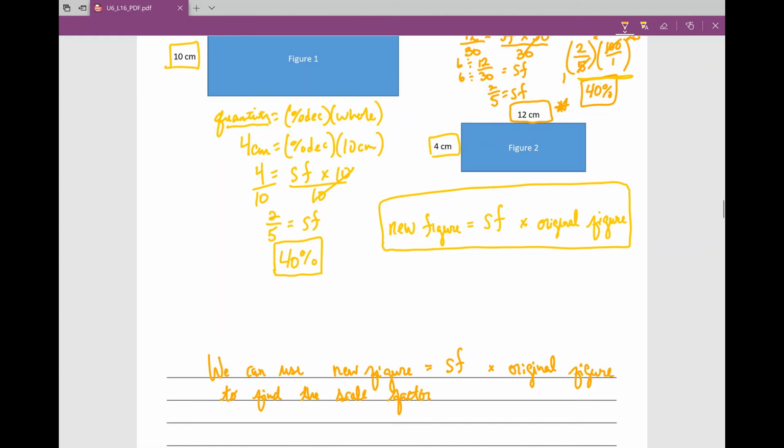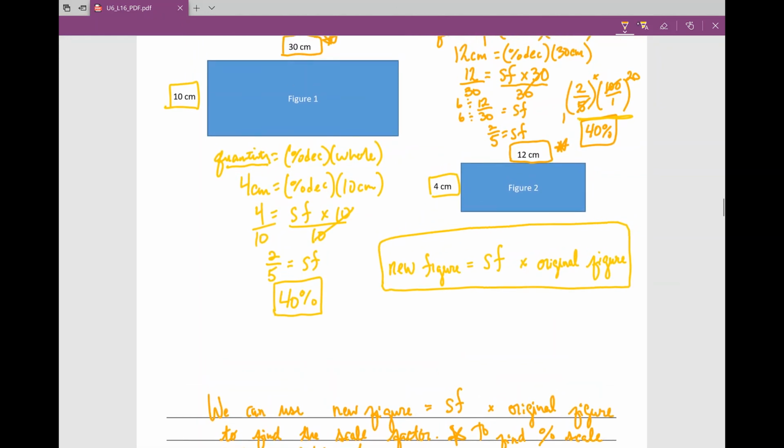And if you want to find the percent scale factor, you need to multiply it by 100. Let's put a star to find percent scale factor, multiply by 100. Great.